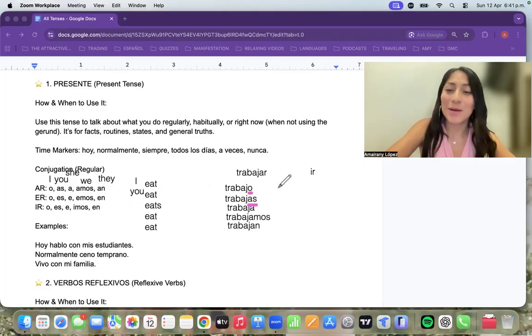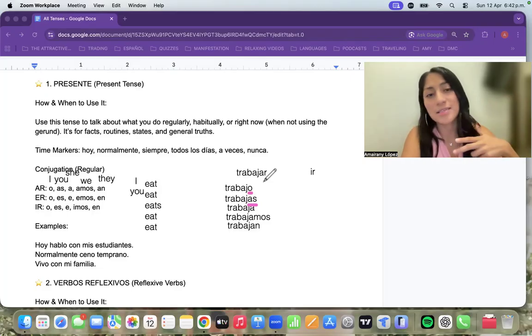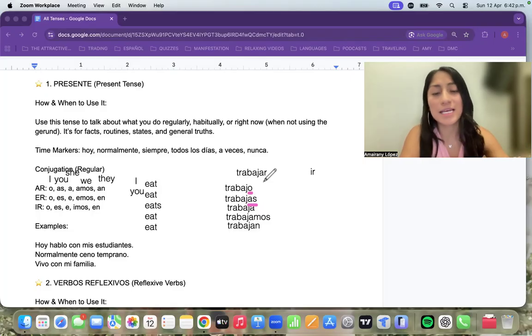So that's why Spanish can be sometimes a little bit of a mystery to some learners of the language, mostly with English speaking learners, because Romance languages, they all do this. French does this, Italian does this, Portuguese does this, Spanish, and if I'm not mistaken, probably Romanian as well would do it.